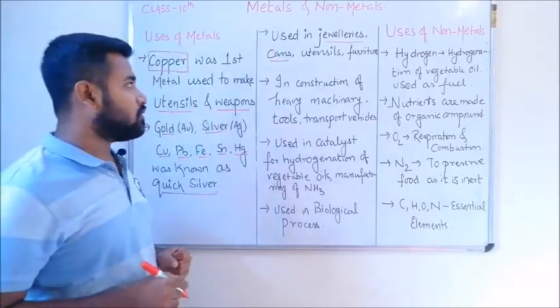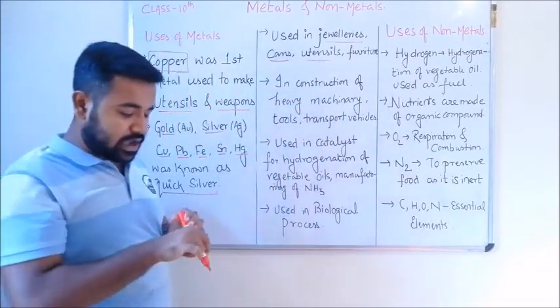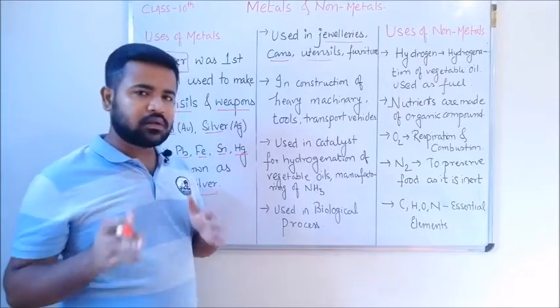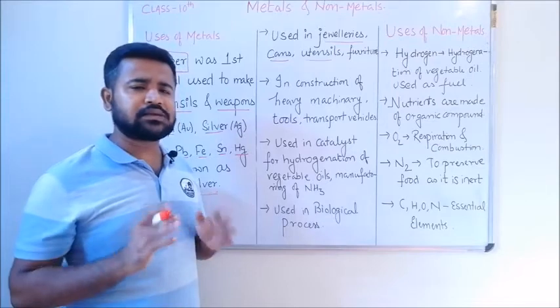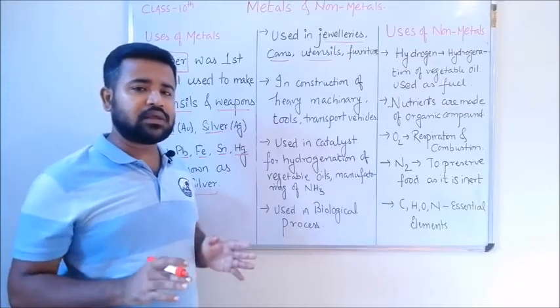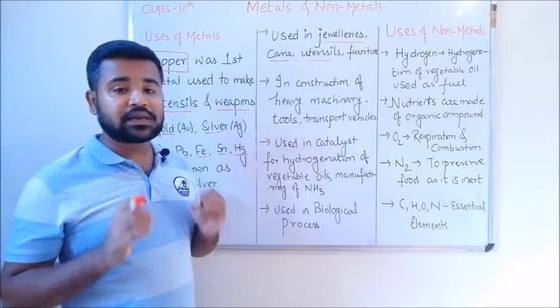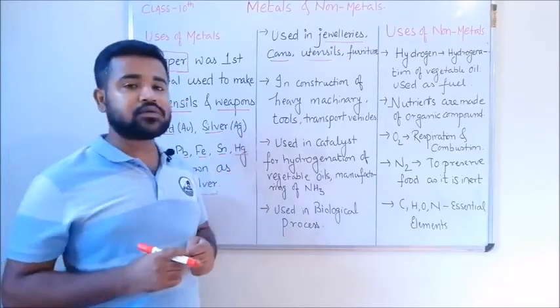Next are the utensils. Earlier we used iron for utensils, also aluminium and copper. Nowadays some polymeric substances have come, but we still use alloys of these metals, for example stainless steel and steel, for utensils.